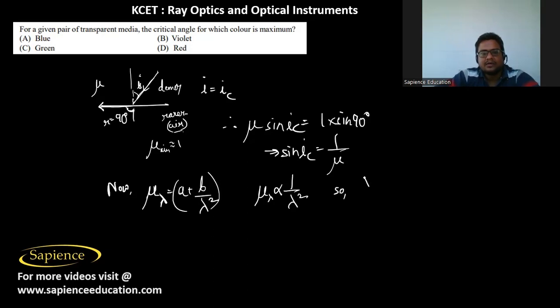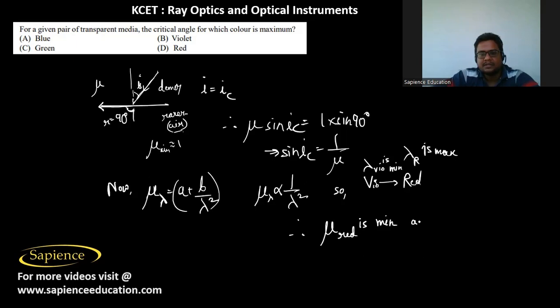So we know that from violet to red, the wavelength of red is maximum, and the wavelength of violet is minimum. So therefore, the refractive index for red is minimum, and the refractive index for violet is maximum.